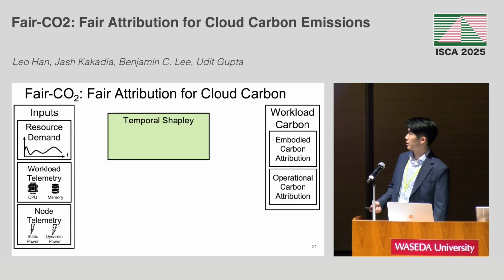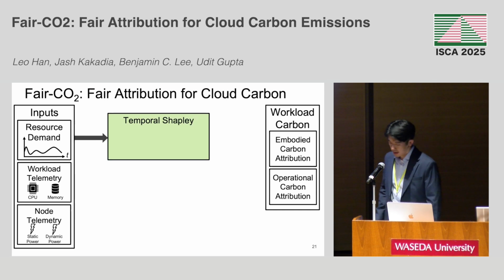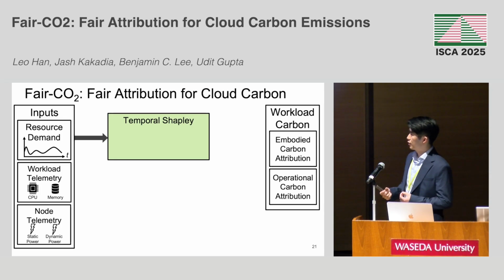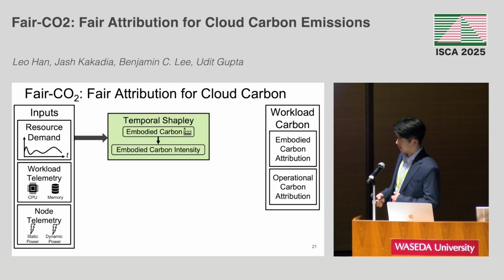The first core component is temporal Shapley, which takes an aggregate resource demand and then uses the Shapley value to dynamically adjust the rate of embodied carbon attribution in the form of something called embodied carbon intensity.